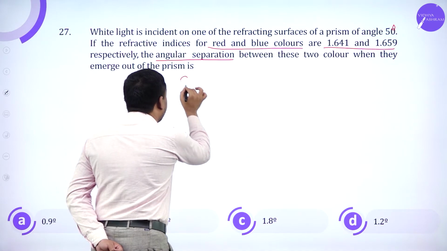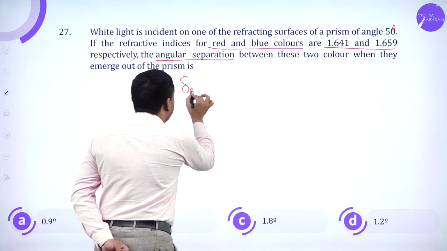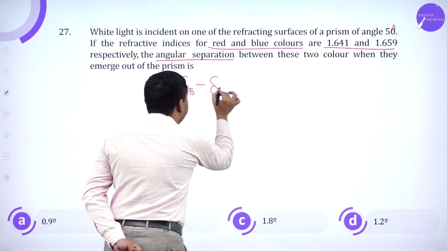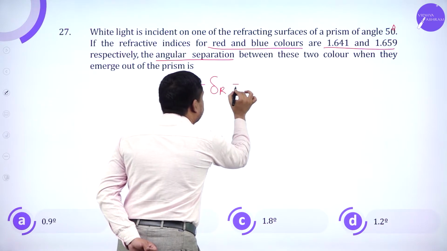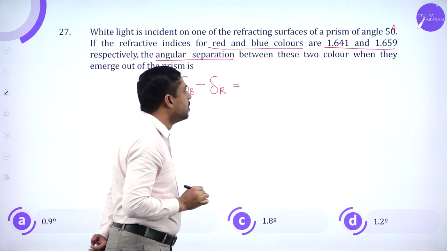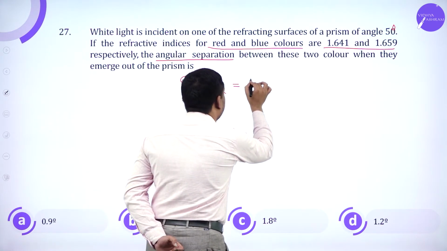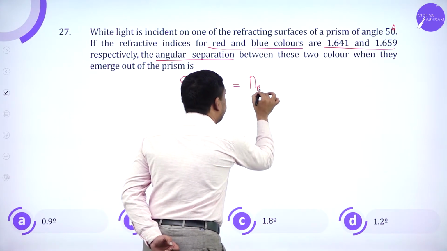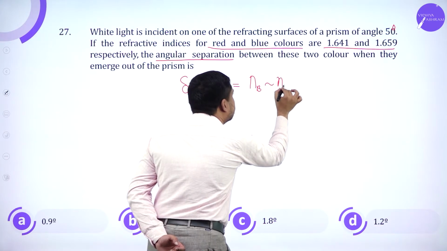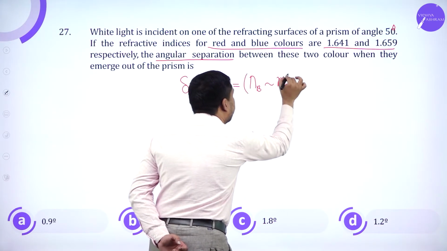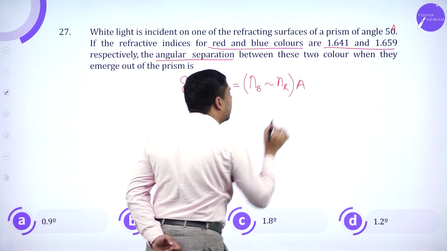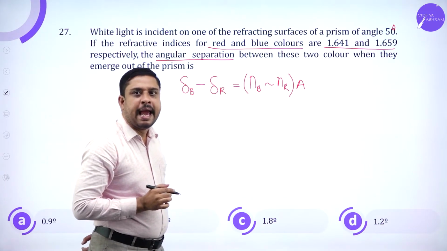So angular separation between blue and red colors will be equal to NB minus NR into the angle of the prism.